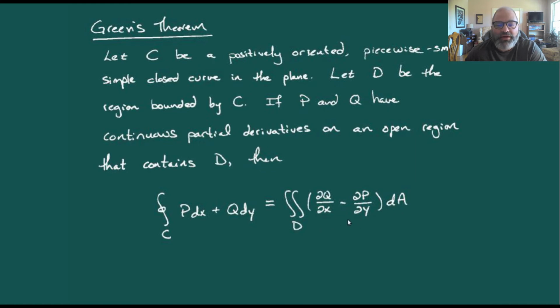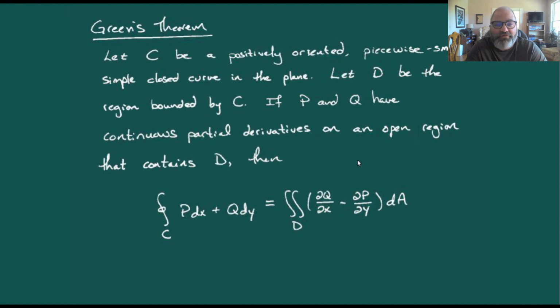We recognize this as being our curl in this case. So we've got this connection between an area integral, a double integral, and an integral on the boundary. That's what Green's theorem is saying.